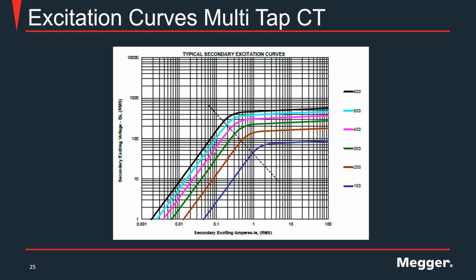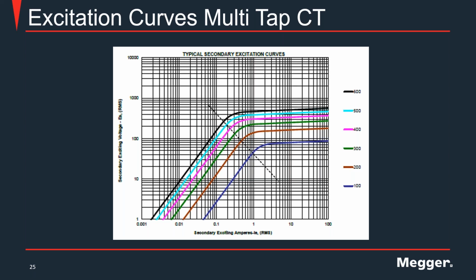So if I have the excitation current and I know the burden, then I can know where in this curve I am going to be, and I can decide whether my CT is operating correctly or not for my application, regardless of whether I have the CT saturation curve or not.